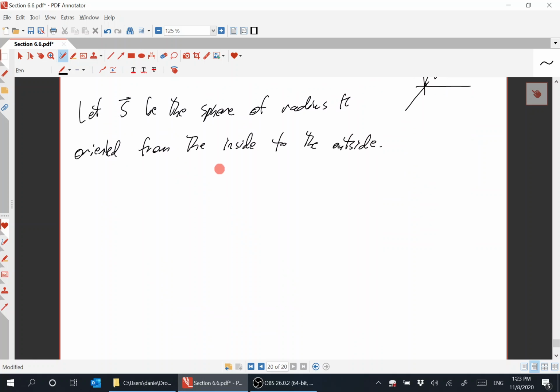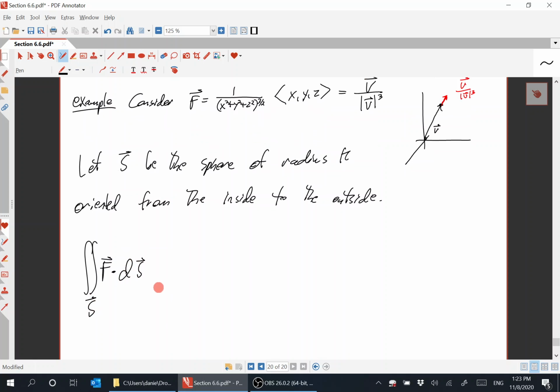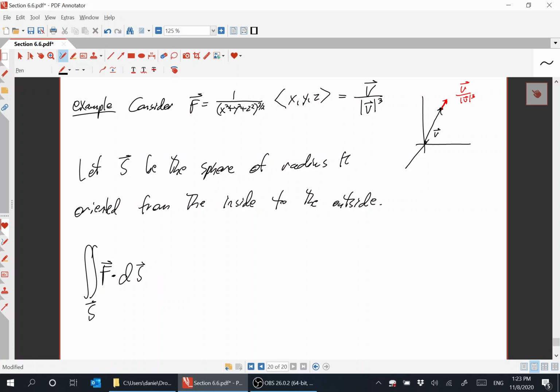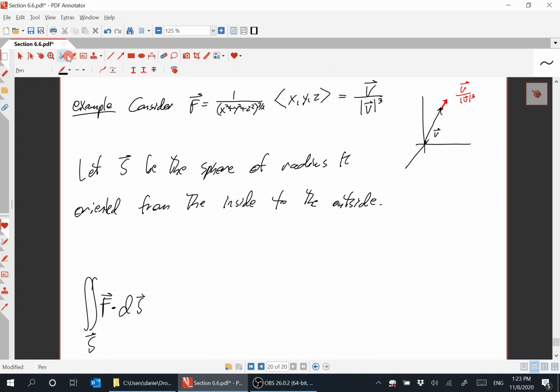Remember, there were two ways to refer to this surface integral. So calculate the flux of F across S. Calculate the flux of the vector field across the surface of the sphere.